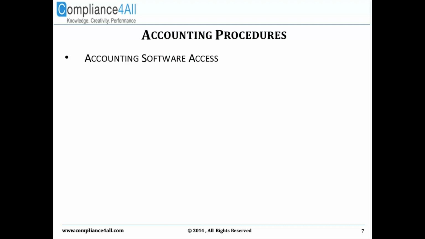Accounting software access. The first decision you need to make is which software program or packages you are going to use. For many smaller companies, an all-in-one software package, such as QuickBooks or Peachtree, is sufficient.